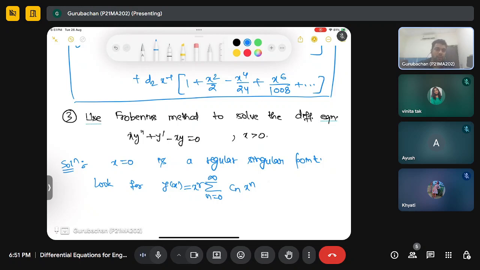Then find the value of r with the help of the indicial equation, then the recurrence relation. Use the recurrence relation to find the solution. So try this one, then we will discuss.